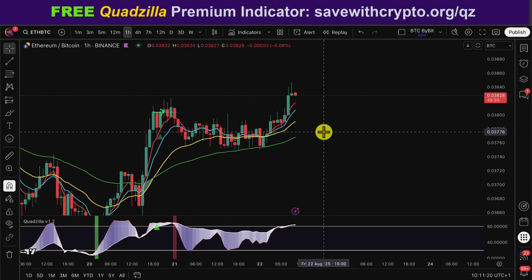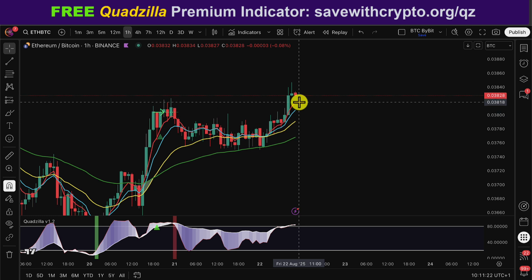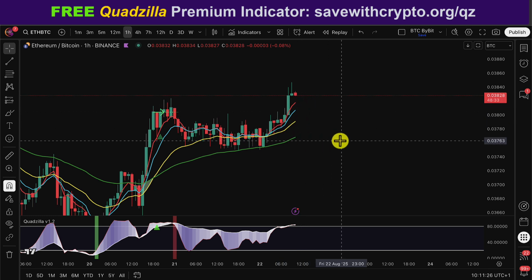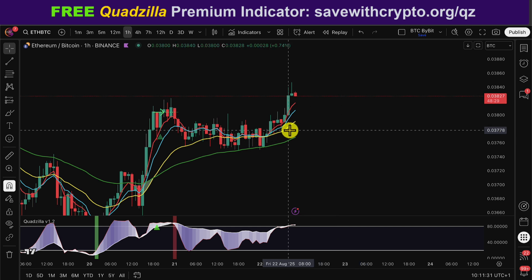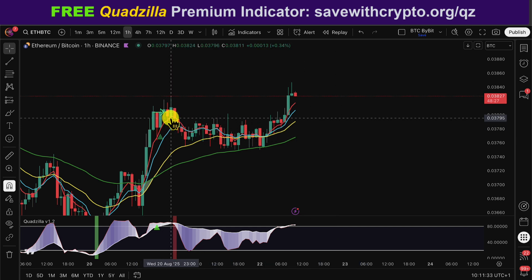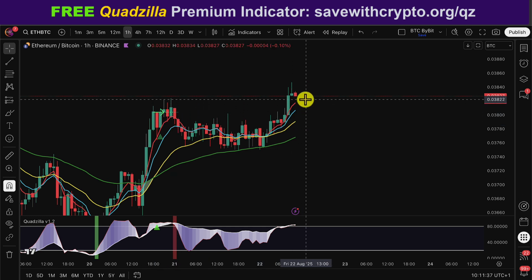Now, once again, at this point in time, there's probably not too much to worry about because we've got the sort of red, cyan, yellow, green EMAs spaced out nicely and looking good. But it does look like we could be getting to a top like what we had here. Okay, now if we see that, we'll probably see the price of Bitcoin catch up with Ethereum.